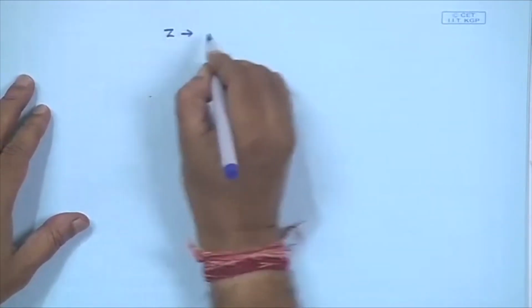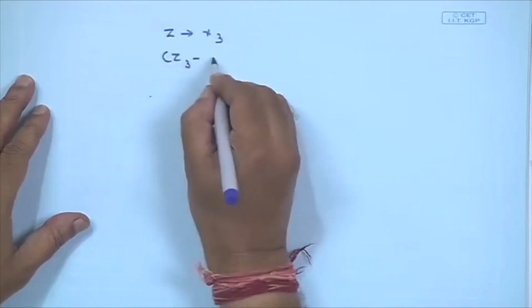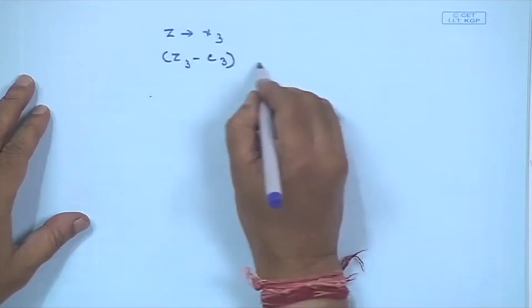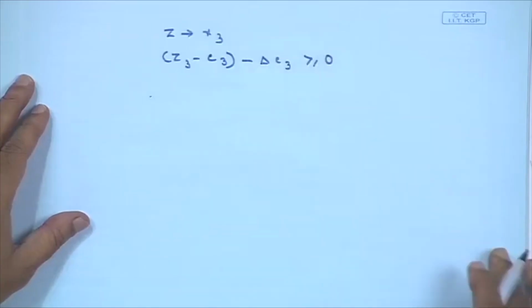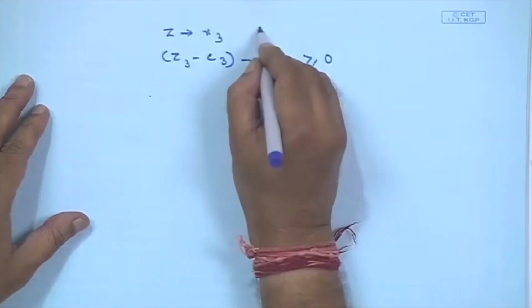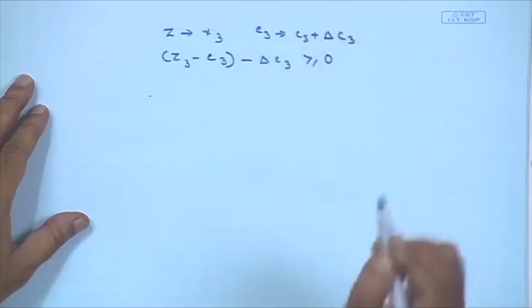So, what do I have to calculate for the product Z? For product Z, the variable is x3. So, I have to only check the optimality: Z3 minus C3 minus del C3 should be greater than or equal to 0, because C3 has now been changed to C3 plus del C3.